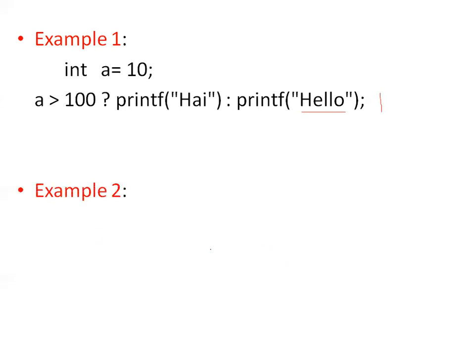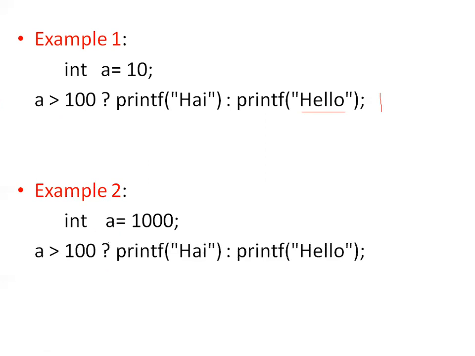Now let us understand with another example. Say I assign 1000 to a. Now if I write a similar condition here, a greater than 100, printf hi, printf hello. What is the current value of a? 1000. 1000 greater than 100, true.